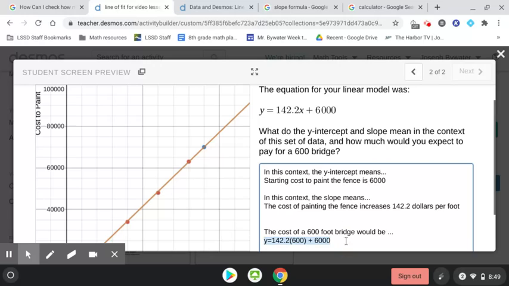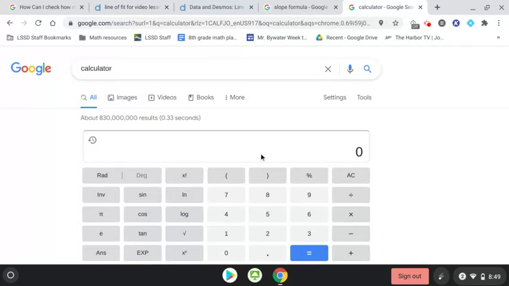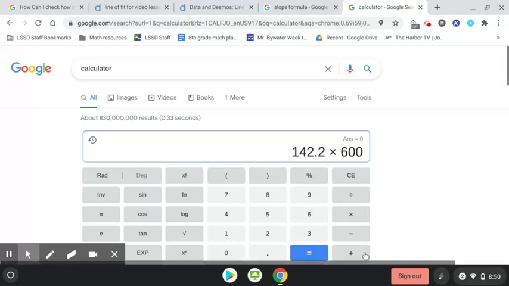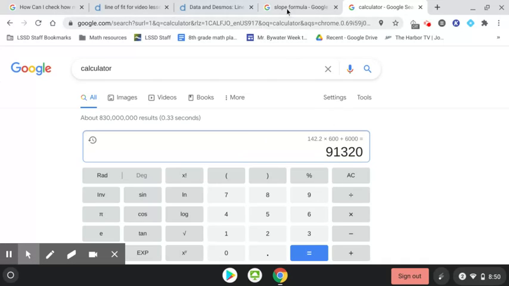I'm going to use this equation, and I'm going to go to a calculator real quick and do that for us. 142.2 times 600 plus 6,000 equals 91,320.